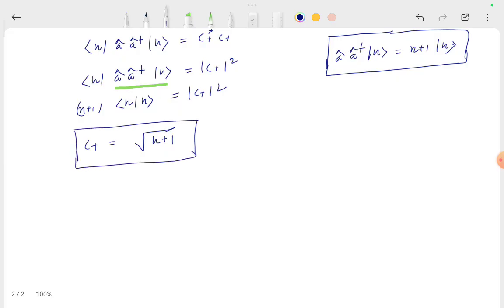So we get the coefficients c plus and c minus.